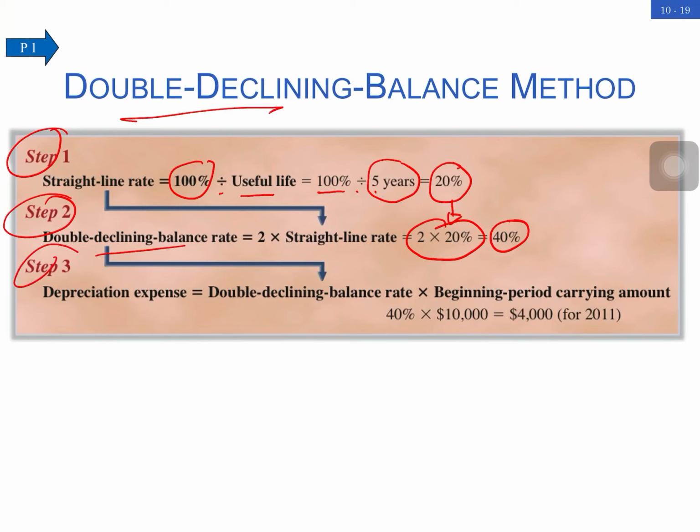Okay. And then step 3, the double declining balance rate is multiplied with the beginning period carrying amount. The beginning period carrying amount for 2011 is 10,000, right? So at the end of 2011, you have to record 4,000 as the depreciation expense.